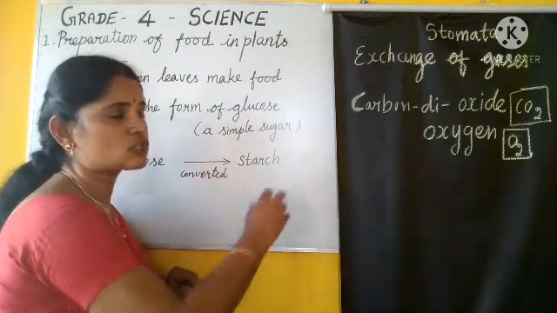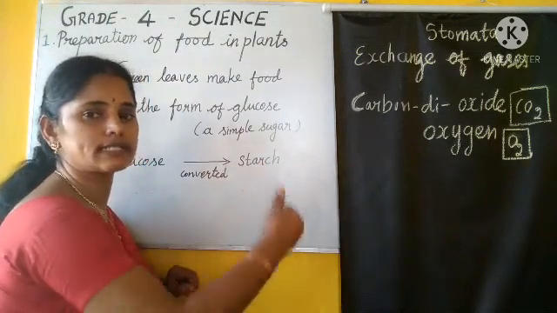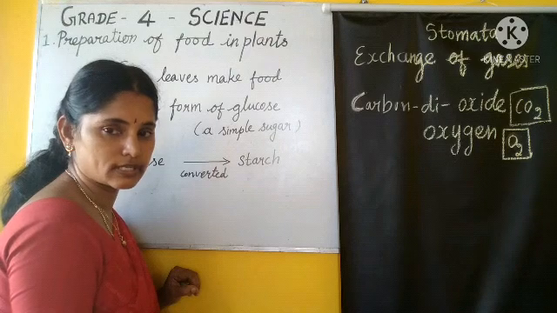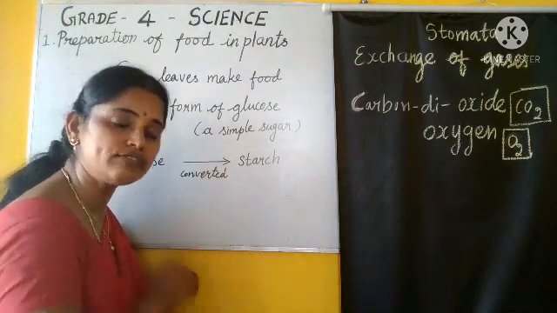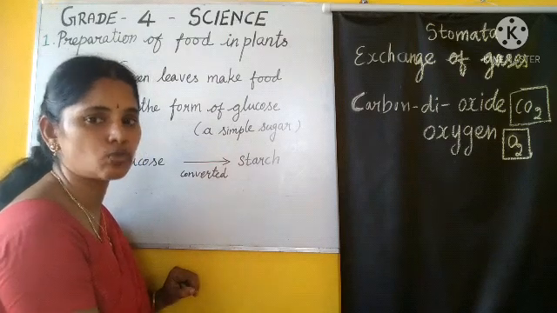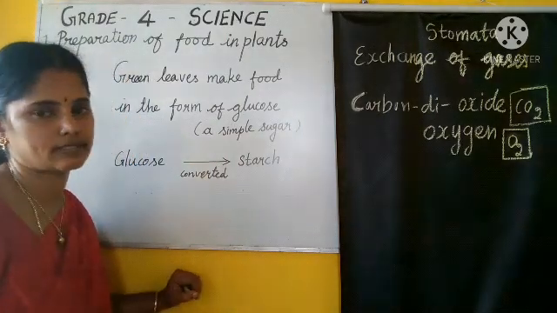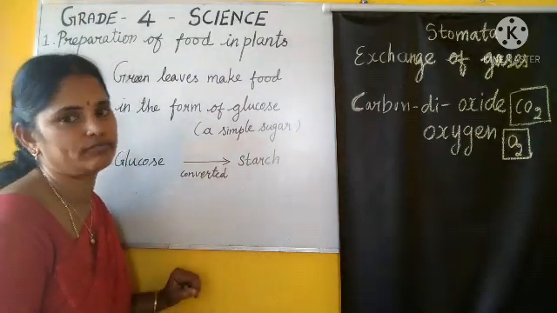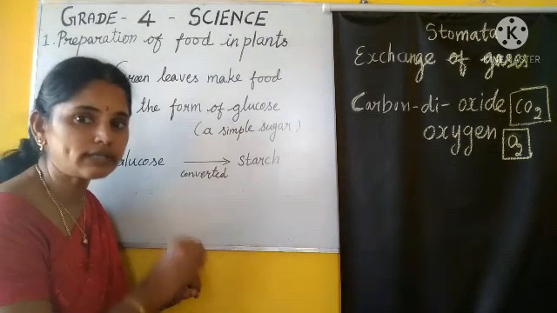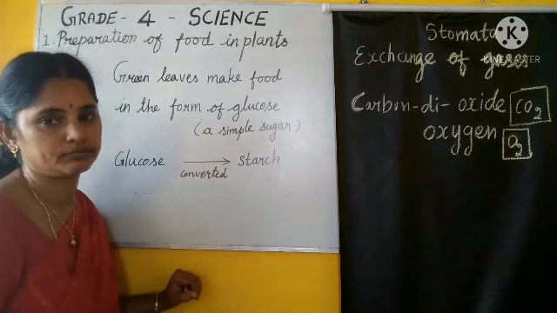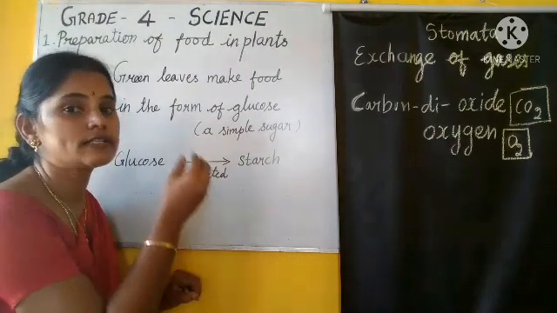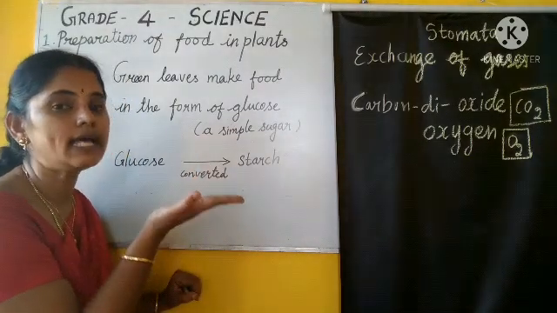We are saying starch is prepared as a result of photosynthesis. What is the proof? How can we believe starch is prepared as food in the plants? For that, we are going to do an experiment to prove that starch is prepared in the leaf.